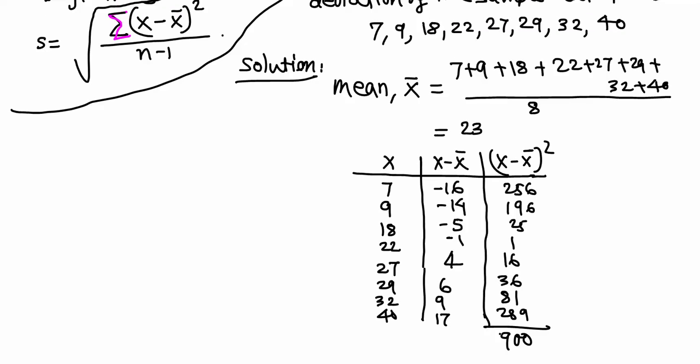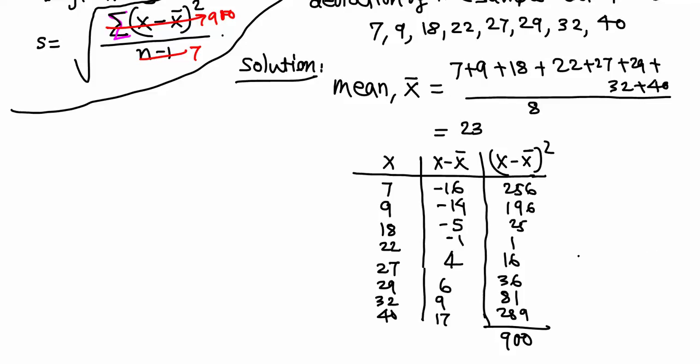Okay, so 900. Then we divide that sum by n minus 1. The sum is 900 in our case, and n is 8. 8 minus 1 will be 7. So we divide 900 by 7.